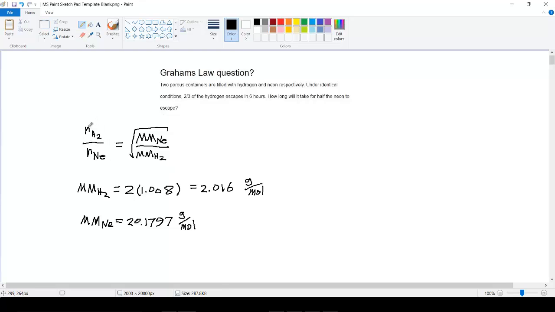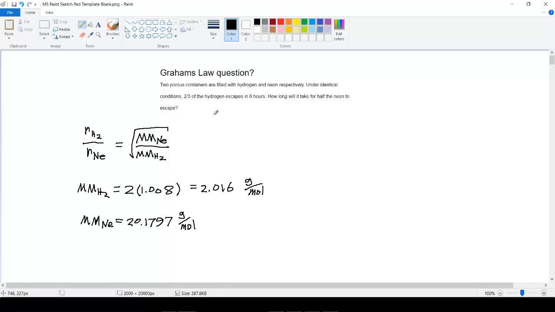The rate of diffusion or effusion, whatever we're doing here, is going to be the number of moles that go through. I guess this is diffusion because we're told it's going through a porous container. It's the number of moles that go through the porous barrier per unit time.